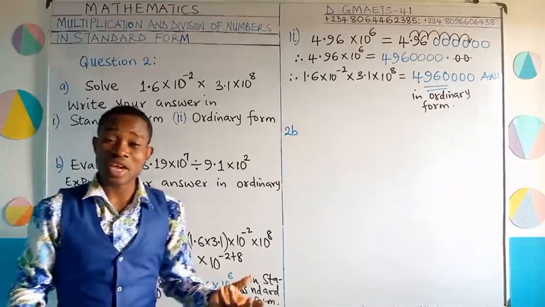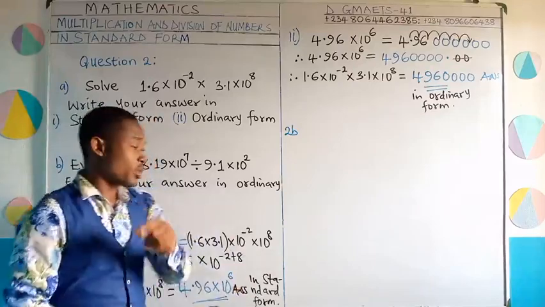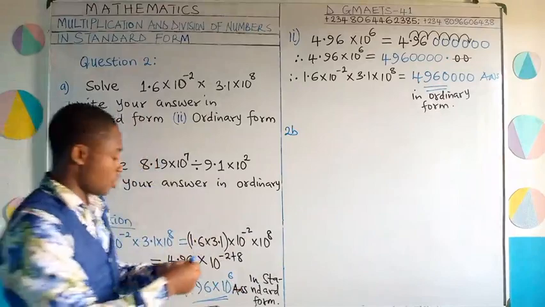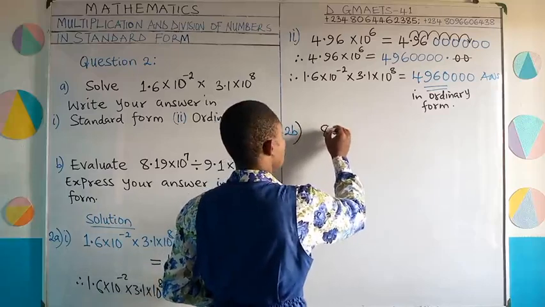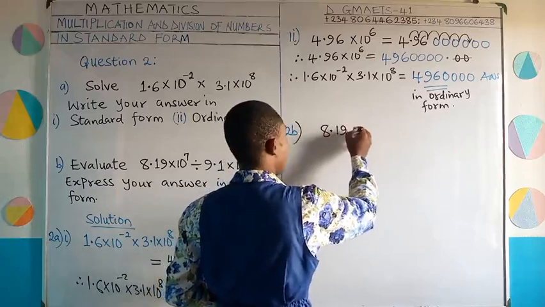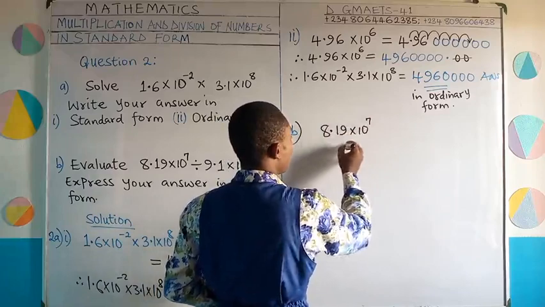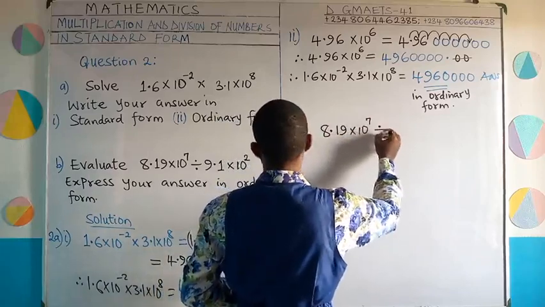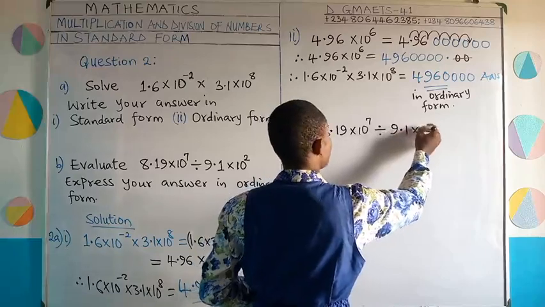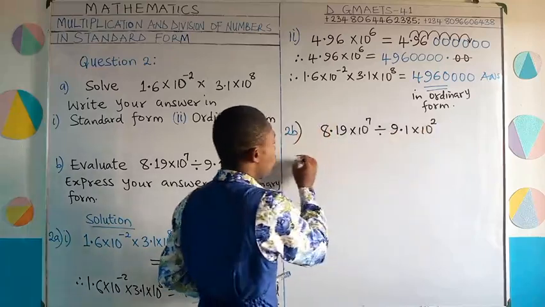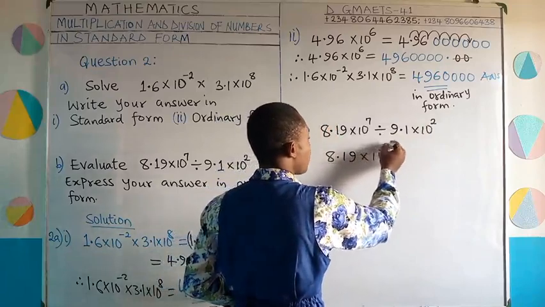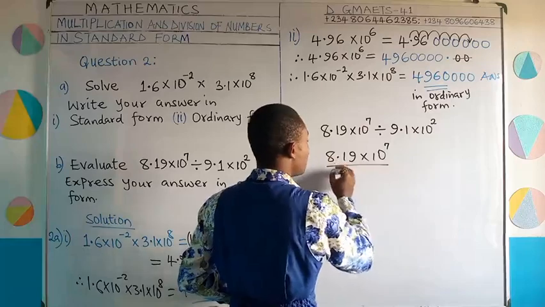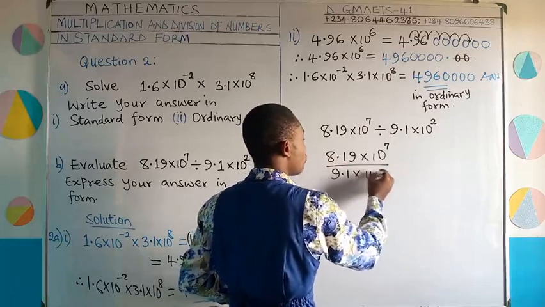The first answer you're going to get will be in standard form, then I change it to the ordinary form. Okay, so the question we have is 8.19 times 10 to the power of 7, divided by 9.1 times 10 to the power 2. This will be equal to 8.19 times 10 to the power 7 all over 9.1 times 10 to the power 2.